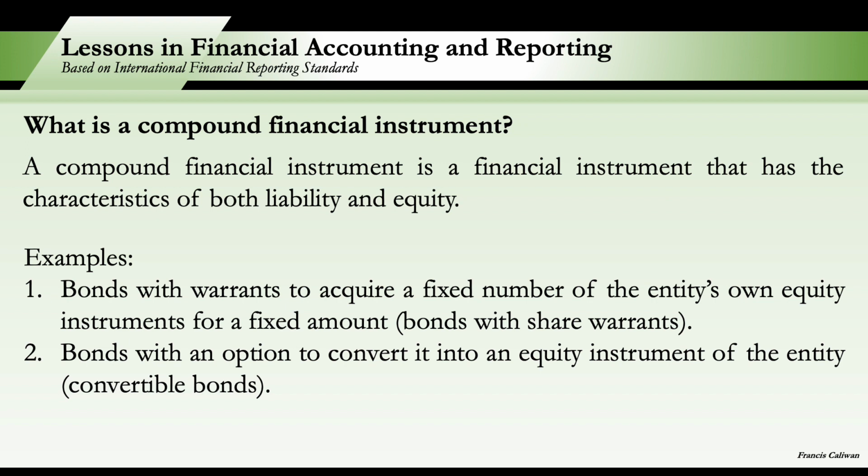Number one is the financial liability component, which is the contractual arrangement to deliver cash or another financial asset, and the equity component, which is either a warrant to acquire a fixed number of the entity's own shares for a fixed amount, or what we call share warrants, and the call option granting the holder of the instrument the right for a specified period of time to convert the instrument into a fixed number of ordinary shares of the entity, or the conversion feature of the bonds payable.